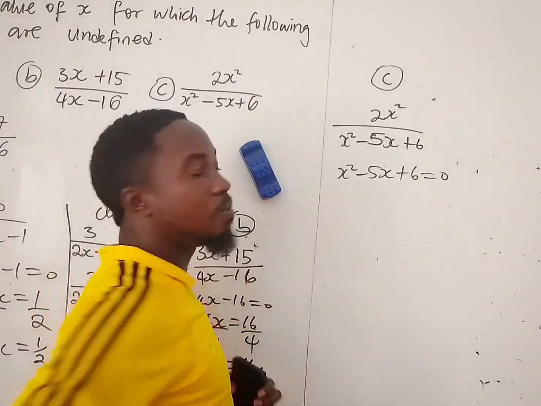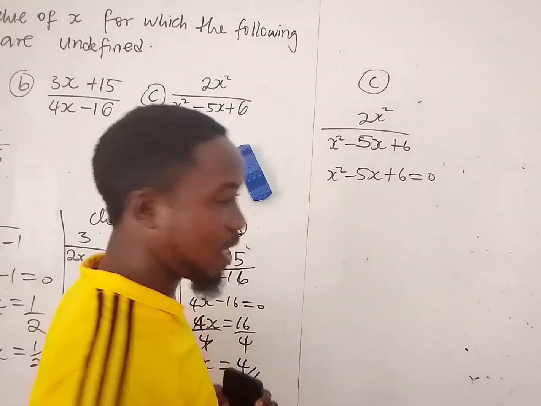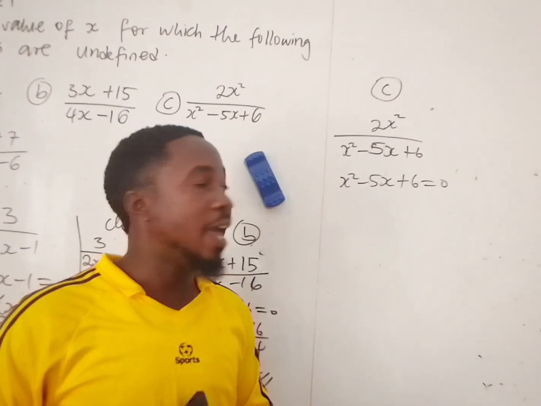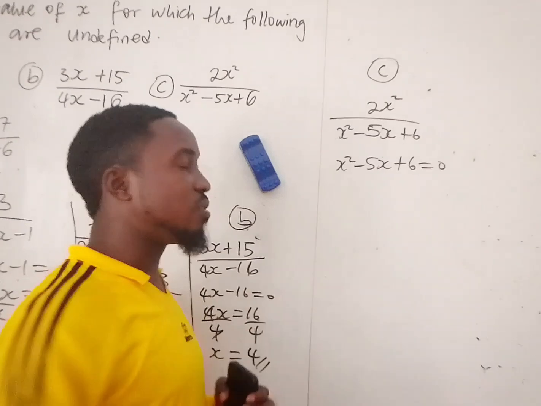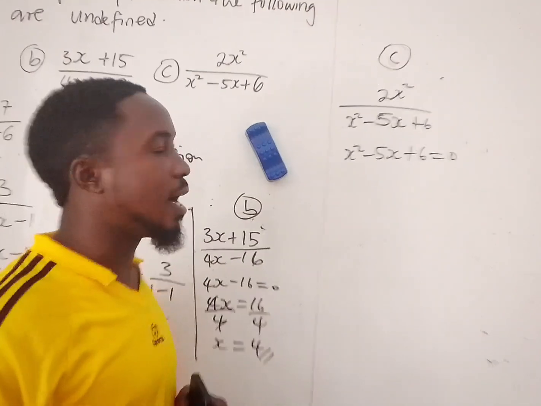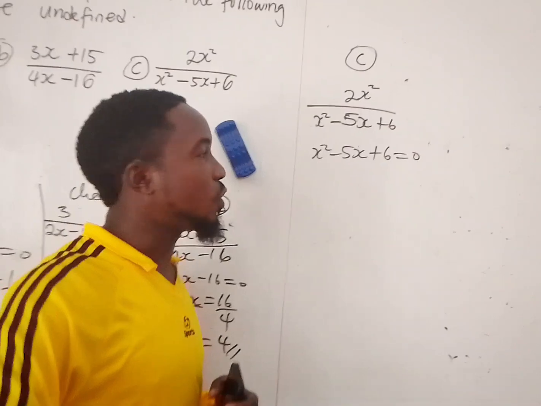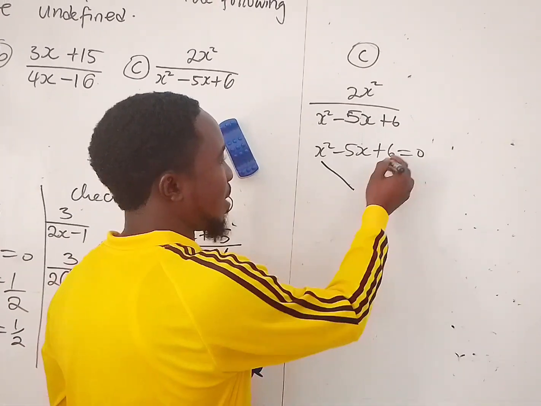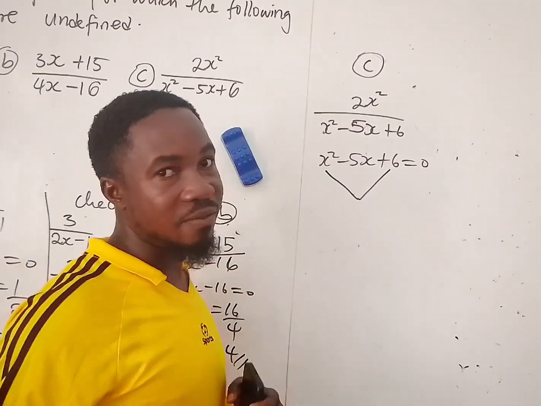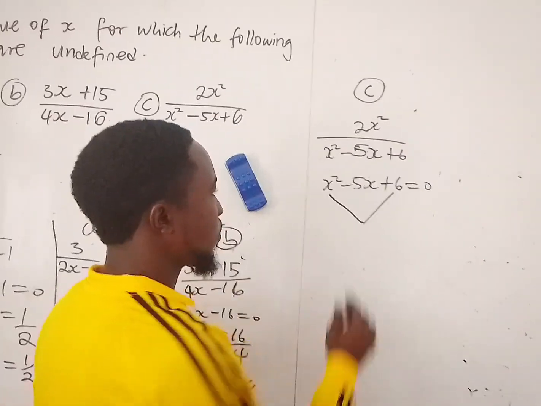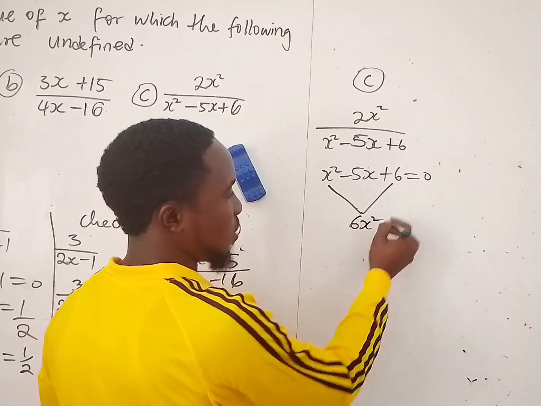From here, you may choose whatsoever method best suits you to find the value of x. But for the sake of this class, I want us to work with the factorization method. In factorization, you multiply the first term and the third term. Some texts will have it as the first term and the last term, whichever one is correct. This will give us 6x squared.